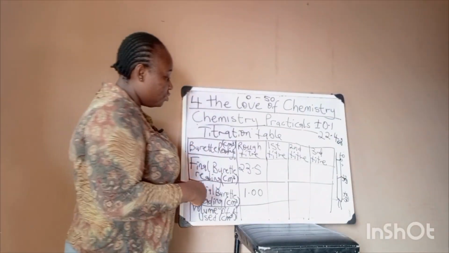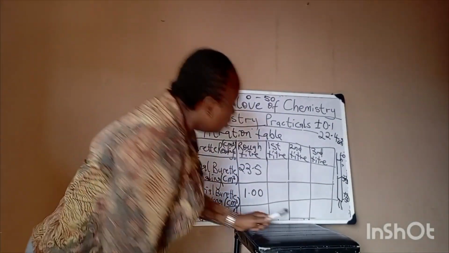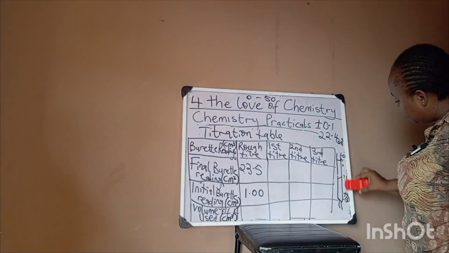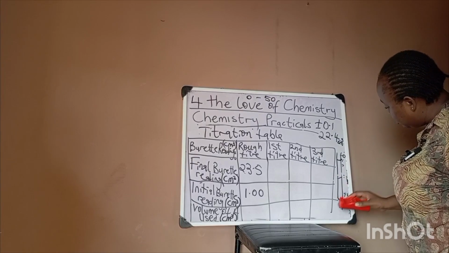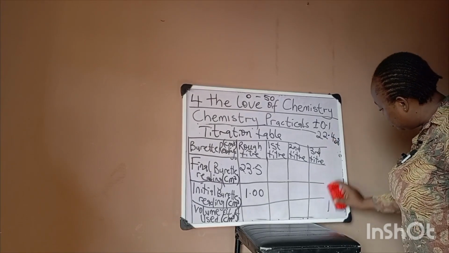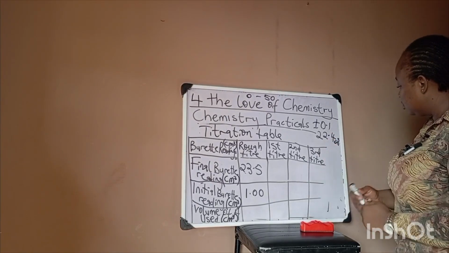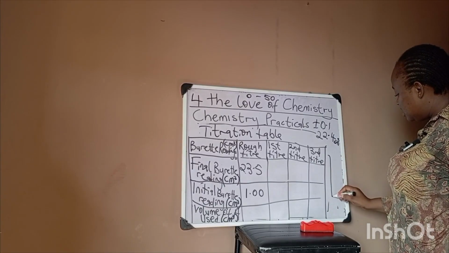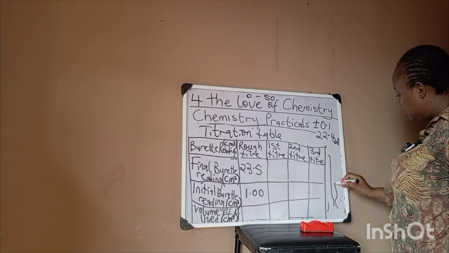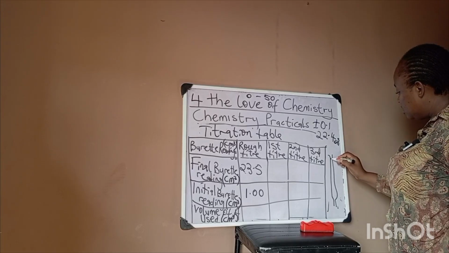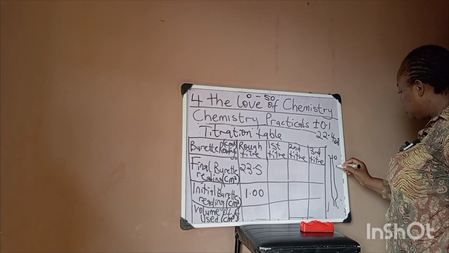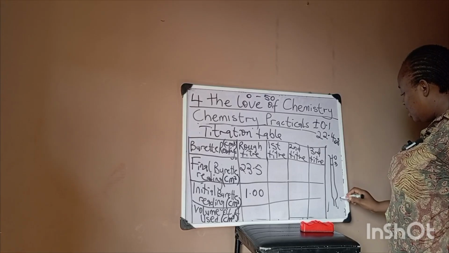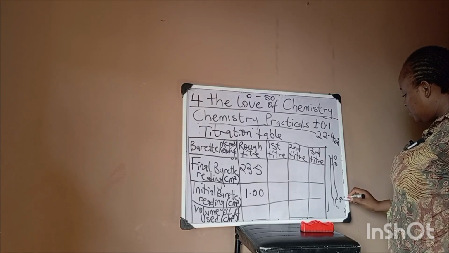I will do the next one so you can get it. So let's say again, we have our burette, and here is 0, and then our acid is here, and this is at number 3, and of course down here is 50.